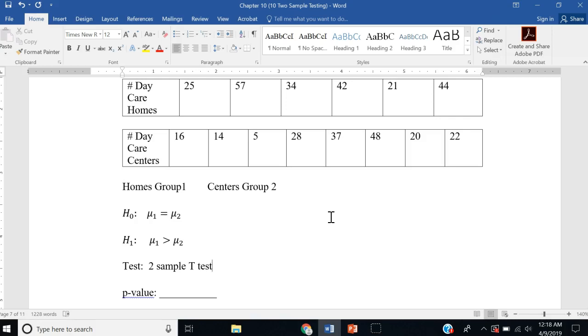Excuse me. 2-sample t-tests. This is where your inputs want to be data. So you make your inputs data, and then just like it says on the screen, it'll pop up as list 1.